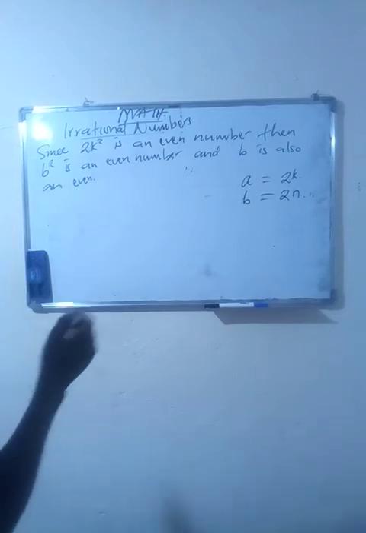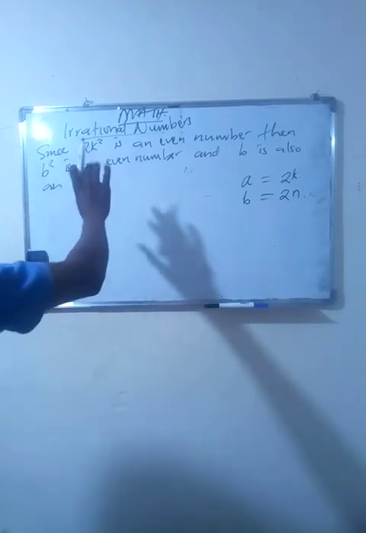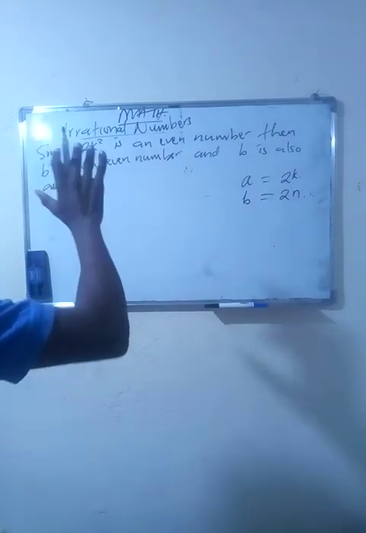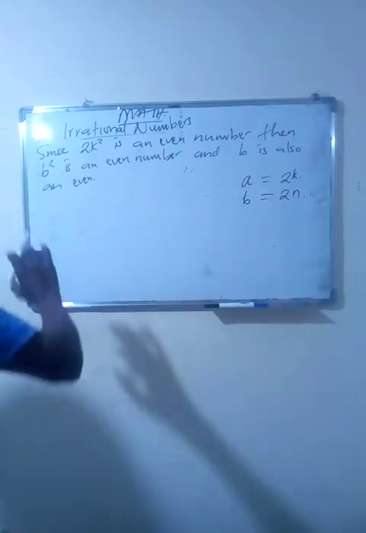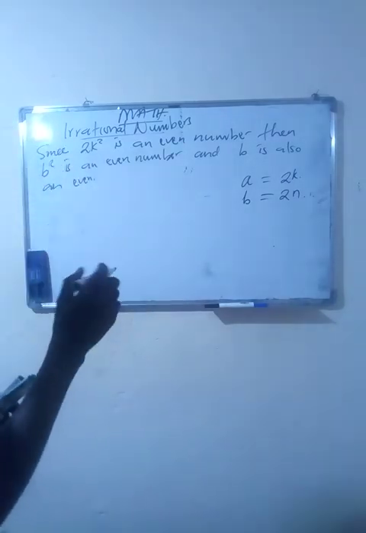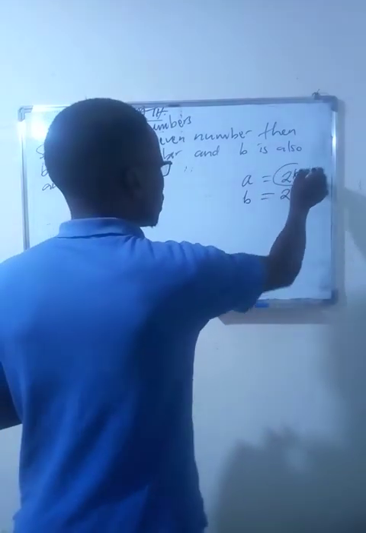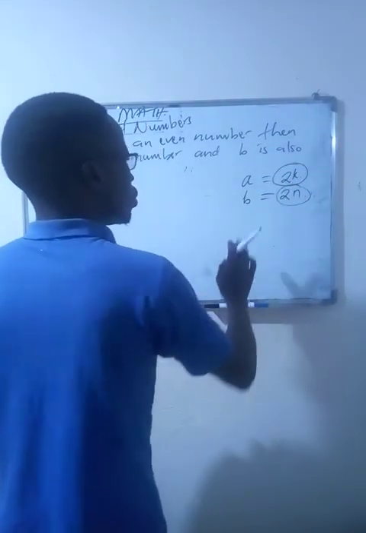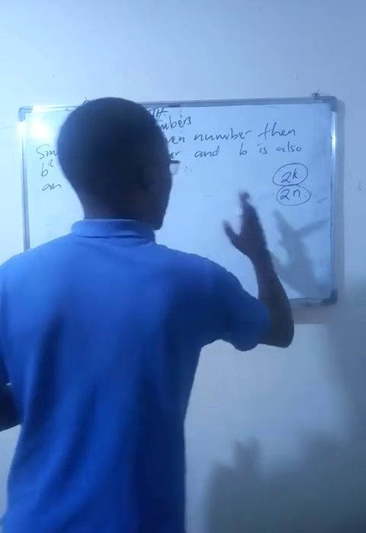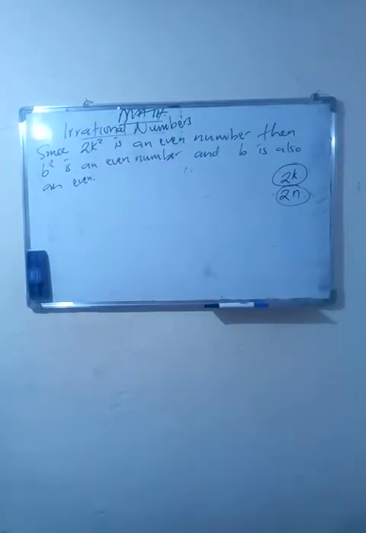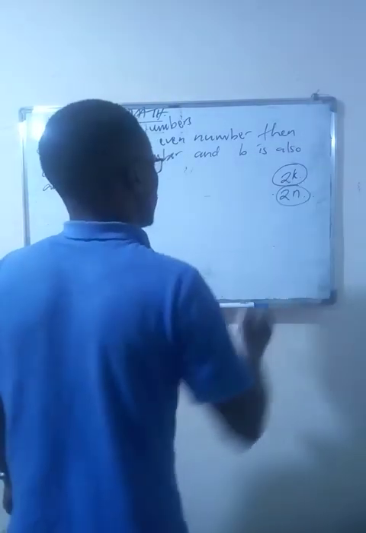So let's even forget about the a and the b. It's like we have those two numbers, 2k and what? And 2n, isn't it?